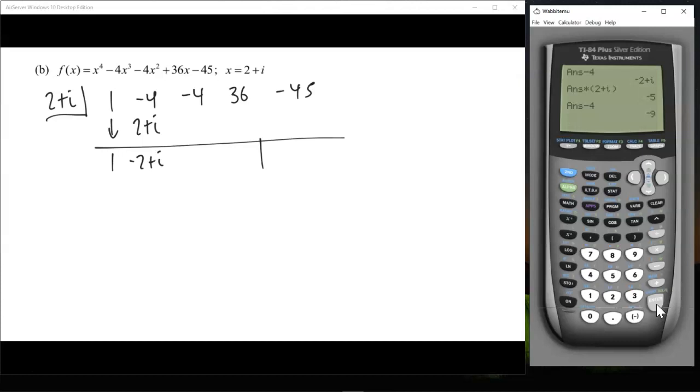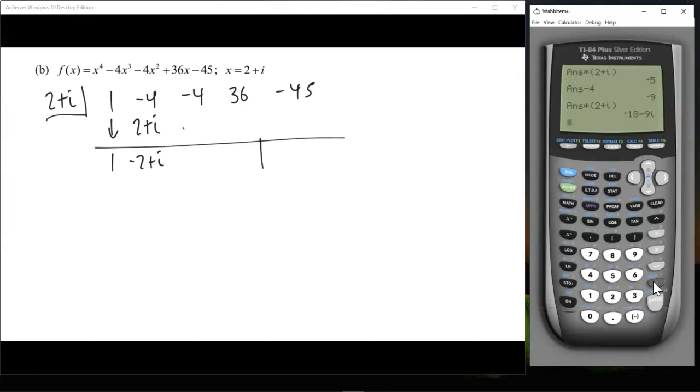The next thing I'm going to do is multiply by 2 plus i, so times parentheses 2 plus, and then if you're not sure where the i is, second decimal point is how you get the i in your TI-84 calculator. Okay, hit enter and you get negative 18 minus 9i.